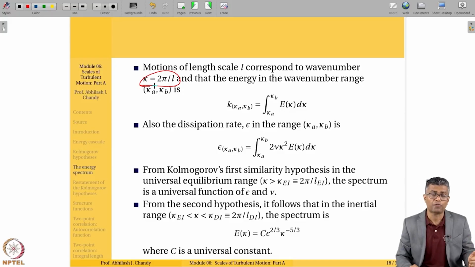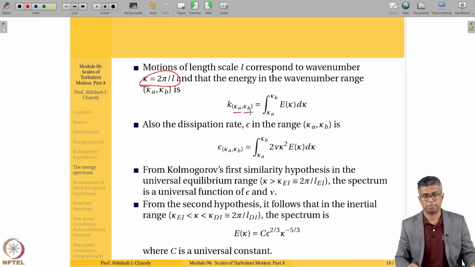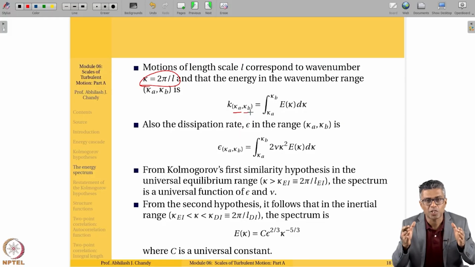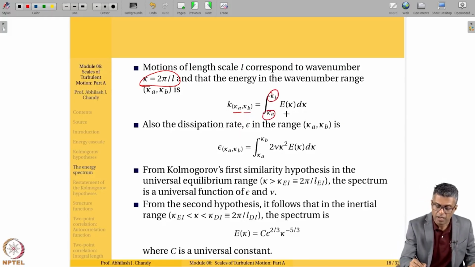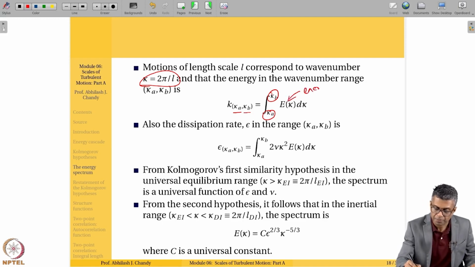So if I want to find out the turbulent kinetic energy in the wave number range of kappa_a to kappa_b, I have to integrate the energy spectrum across that range. That is the integral from kappa_a to kappa_b of E(kappa) d kappa, where E(kappa) is the energy spectrum.